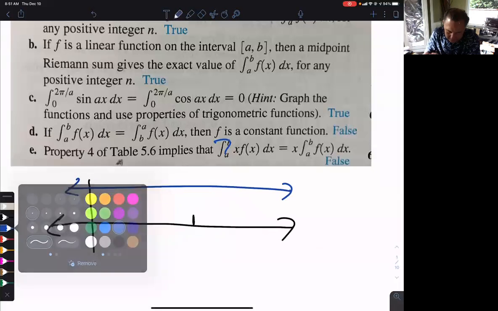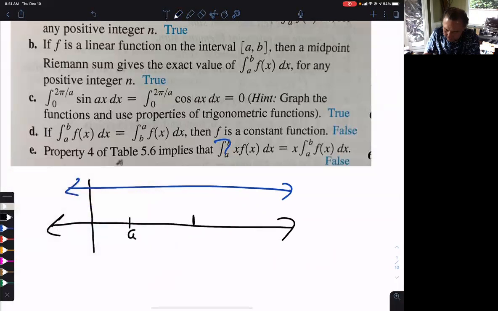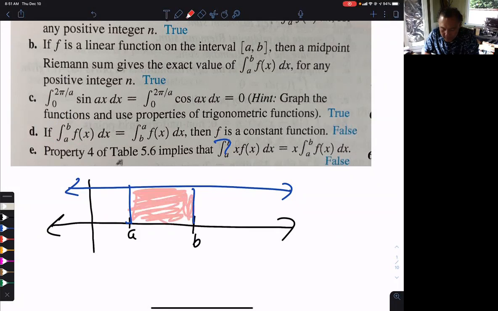And you have a and b. And you're integrating from a to b of f of x. That's going to be the area of that rectangle, net area. And it's positive because it's above.